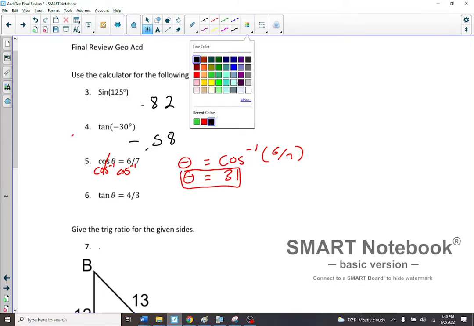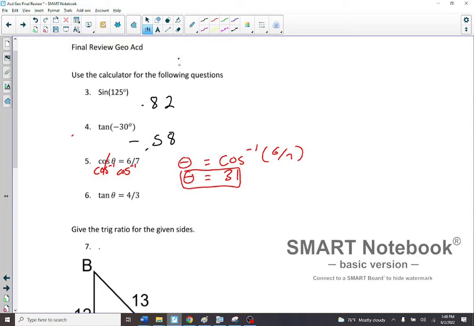Next one. Again, we have the problem of tan and the theta being in the thing. So we have to move tan away. It's going to get moved over here as tan negative 1. I'm just explaining this so the video helps you guys out later.